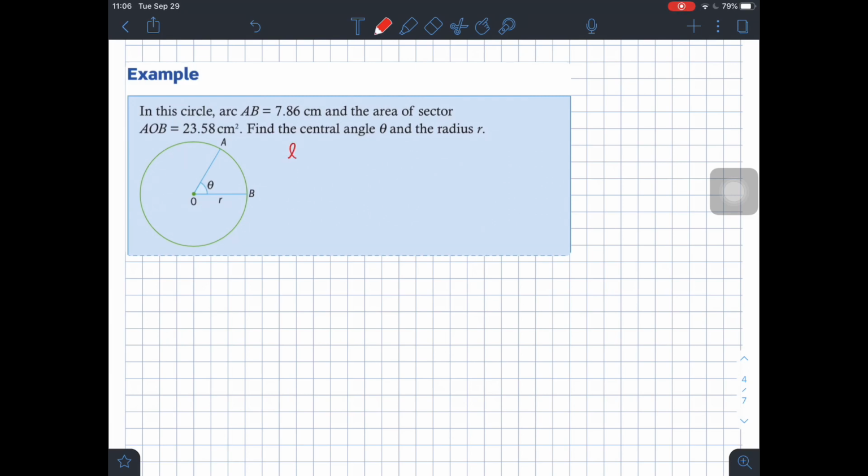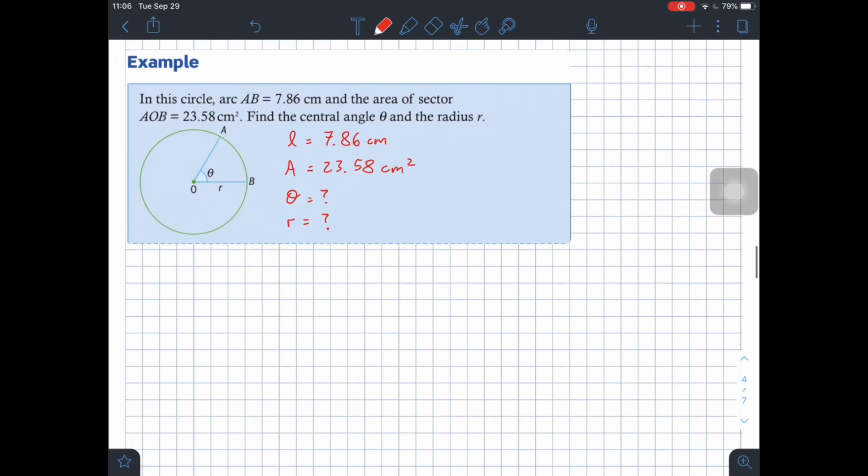The arc length is 7.86 centimeters, and the area of the sector is equal to 23.58 centimeters squared. So maybe we can use both formulas, the one to find arc length and the one to find area of a sector, in order to find our required information, which are both the angle and the radius.